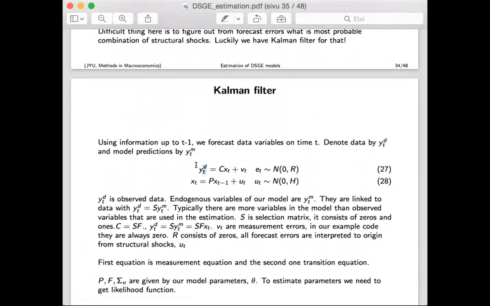This is the data. And here we make a forecast, or we link states. First, we link the states to model variables from here, and with this S matrix, we link model variables to observed data.